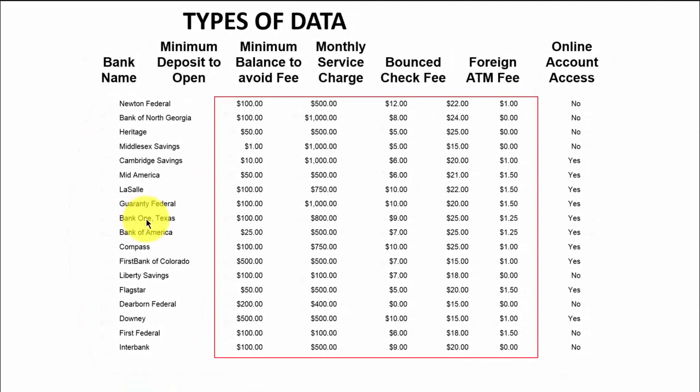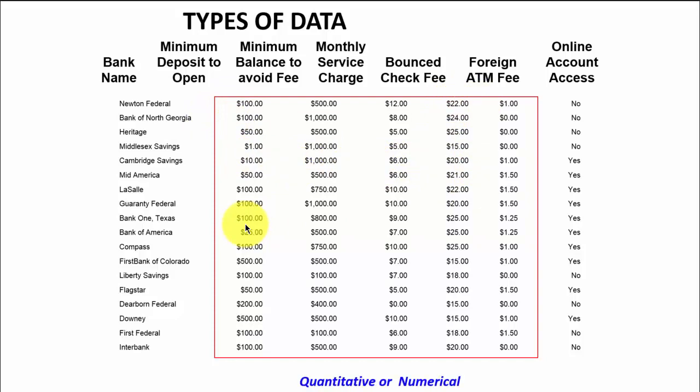But what's in the middle? You have, as I said earlier, the bank names, which are categorical, and the online account access, which is categorical. But then in the middle you have the minimum balance, the monthly service charge, the background check fee, and foreign ATM fees. So these are dollar amounts here. What kind of data is this?